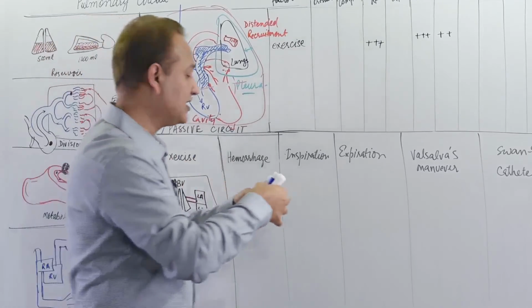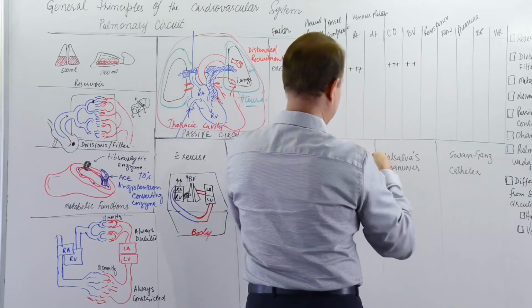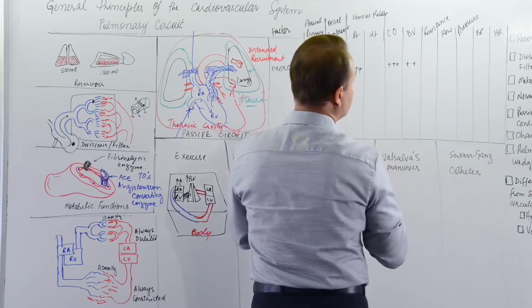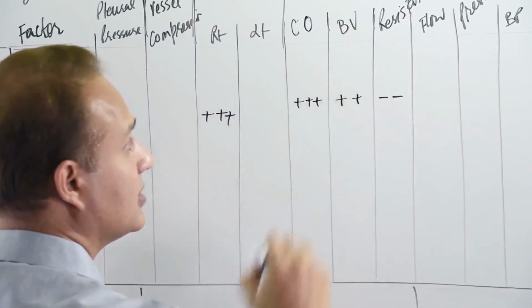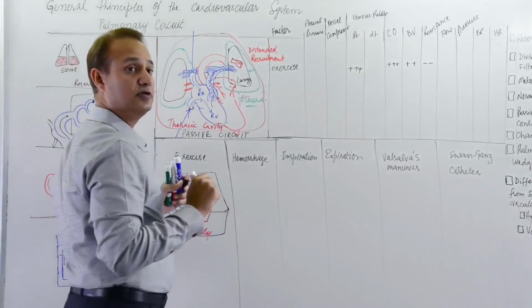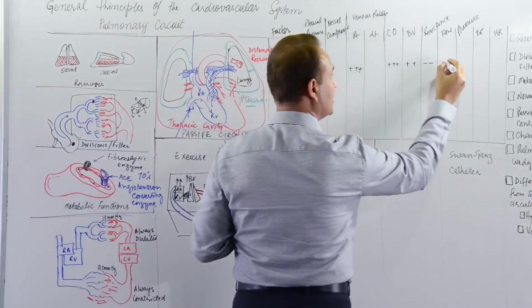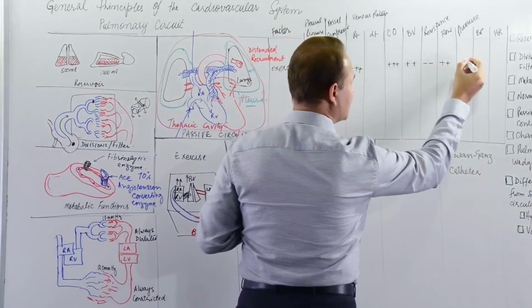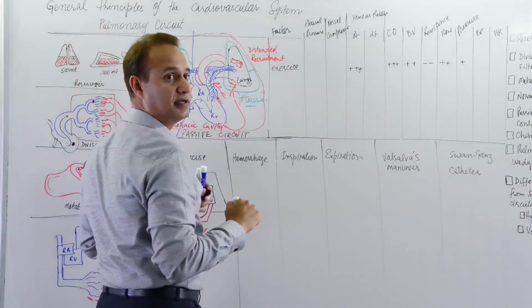Here they are dilating, so resistance will go down. What would that do? If the resistance reduces, that would cause the flow to be increased. Some pressure would increase, not too much, but some pressure would increase.